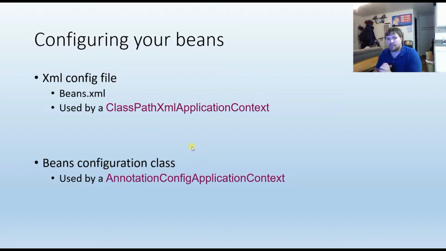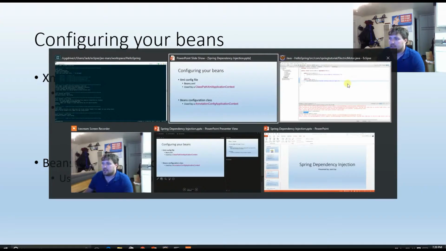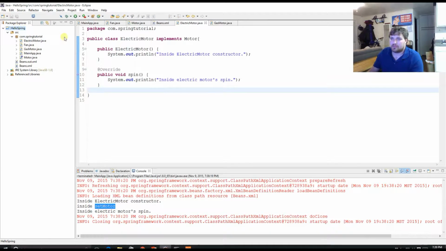So there's going to be two ways that we can do the class configuration. So popping over to my example, I'm just going to refresh real quick. I've just checked out a different branch that I've been demoing.